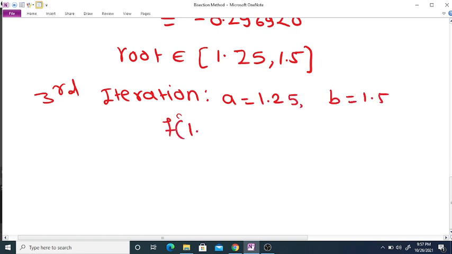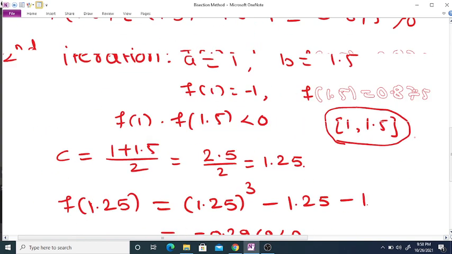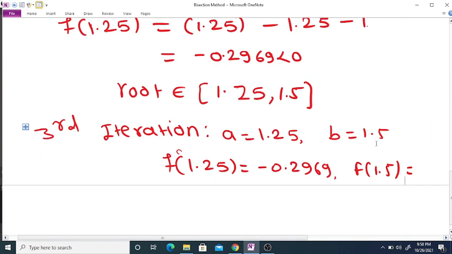f of 1.25 is equal to minus 0.2969 and f of 1.5 is 0.875.